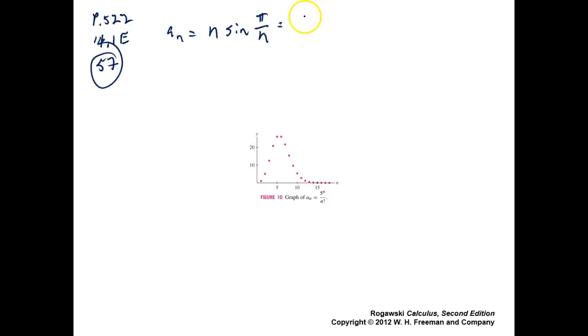If you do the limit as n approaches infinity, this would then be the limit as n approaches infinity of n times the limit as n approaches infinity of sine pi over n.